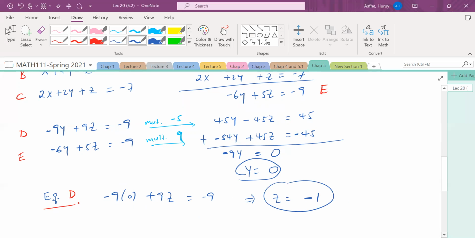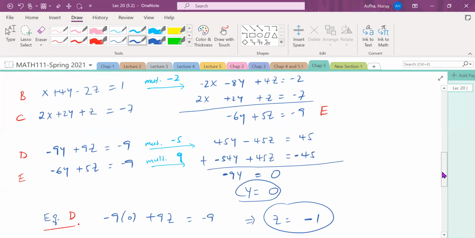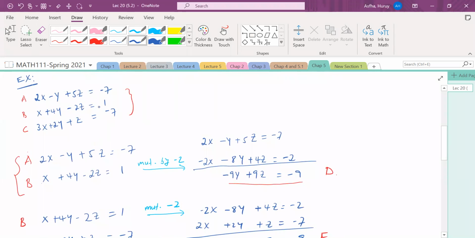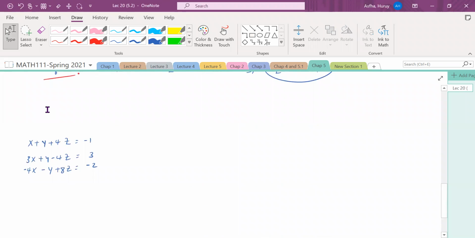Okay. Now we found the values of two variables, and we are left with one more. We go back to the original equations, pick one of them, and solve for the remaining variable.